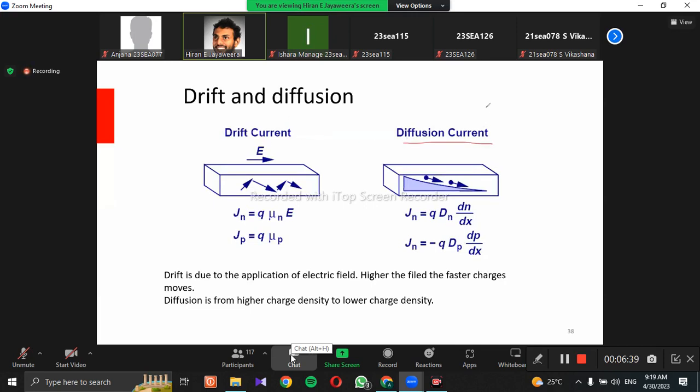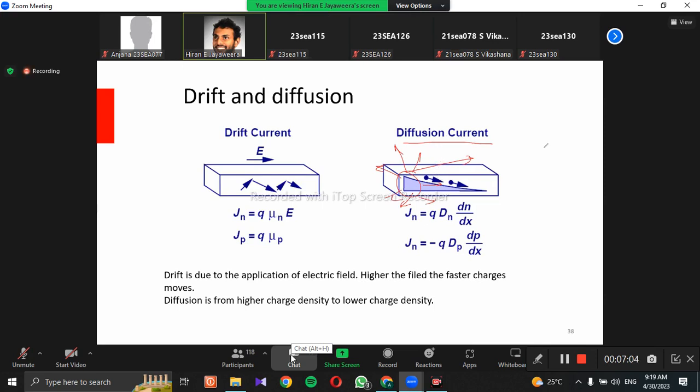So diffusion is a very complex mechanism, but I can explain it in simple terms. Diffusion happens when you have a high concentration of particles, and they tend to move towards low concentration. You can think of it as happening because of particle pressure or something like that.